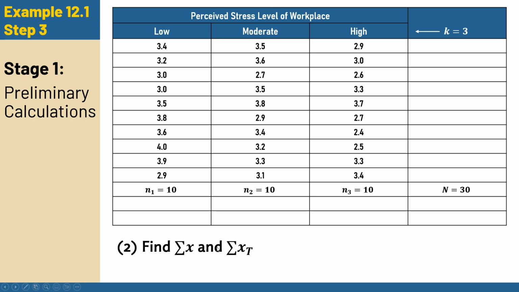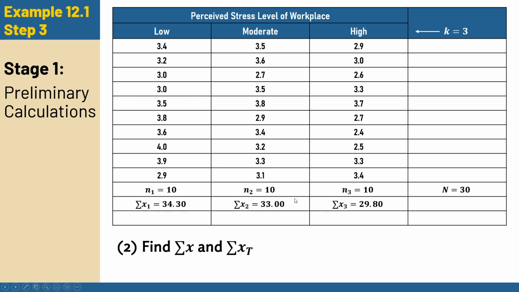Okay, now we're going to find the sum of x and the sum of x total. What do I mean by that? The sum of x essentially means the sum of these values, right? The actual observed data in each group. So here we're just summing these up. We'd add 3.4 plus 3.2 plus 3.0, on and on and on.